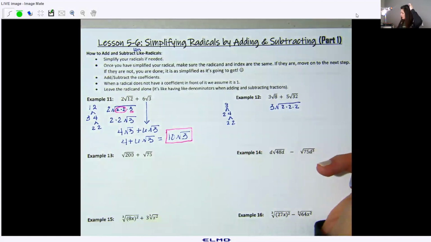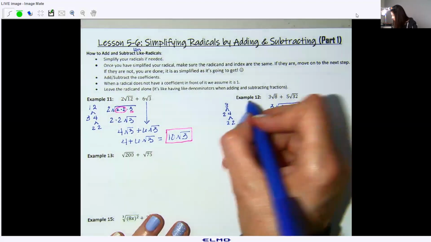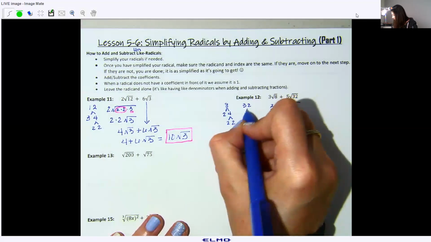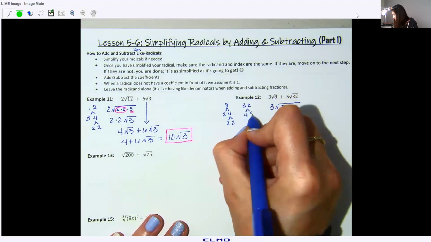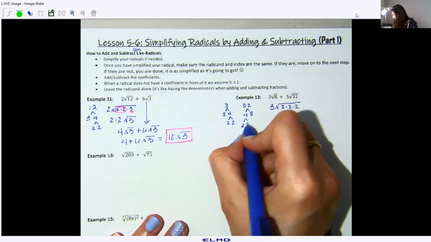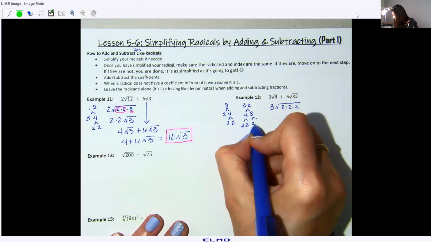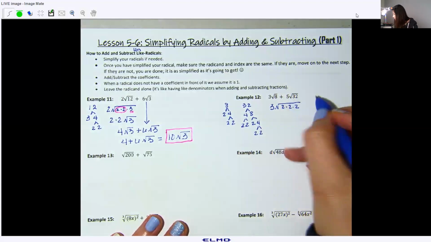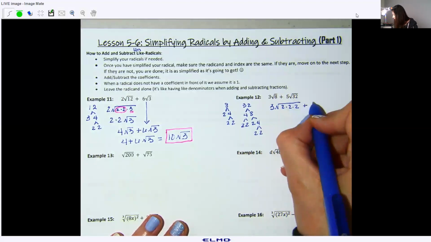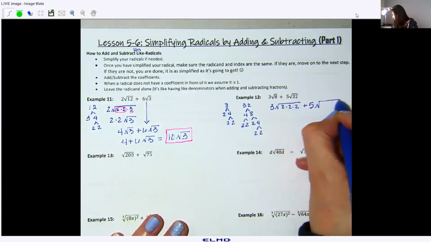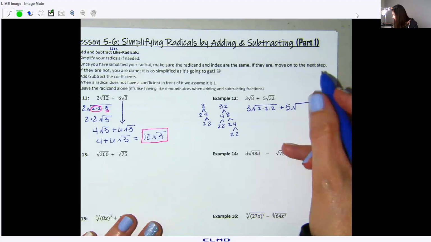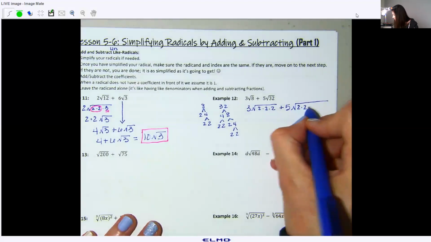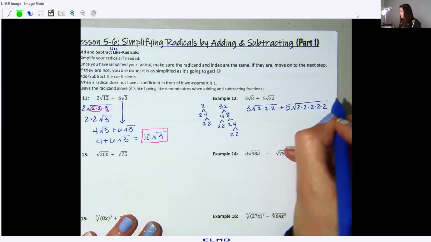Then I'm going to factor out my 32. And we've been doing this a lot, so most of you could probably memorize that 32 is factored down to 5 2's. So then I'm going to add that 5, and then we have 2 times 2 times 2 times 2 times 2.